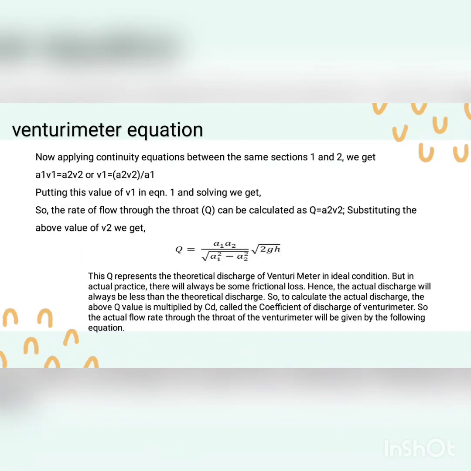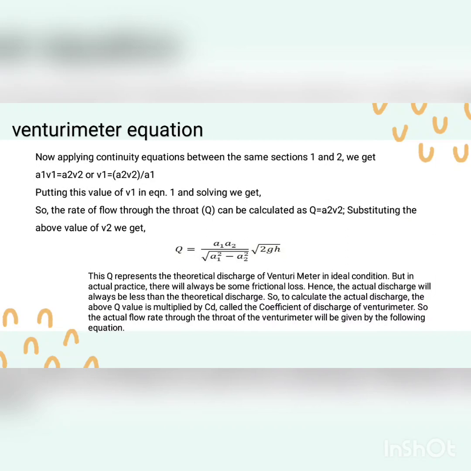Now applying continuity equation between the same sections 1 and 2, we get A1 V1 is equal to A2 V2. Putting this value of V1 in equation 1 and solving, we get Q is equal to A1 A2 by root of A1 square minus A2 square into root 2gh. This represents the theoretical discharge of Venturimeter in ideal conditions, but in actual practice, there will always be some frictional loss.